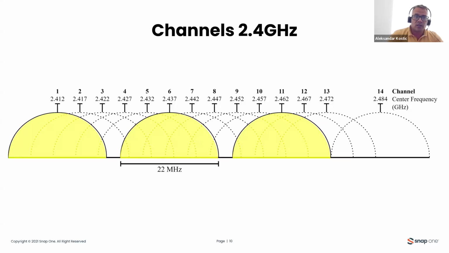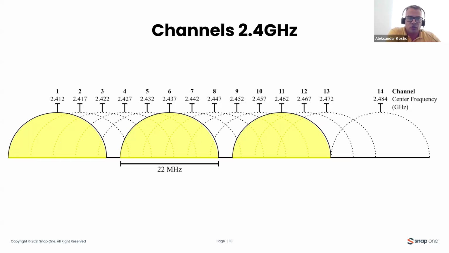Why is it important that channels over which we communicate on the Wi-Fi are non-overlapping? Because if we use neighboring channels which overlap some part of the frequencies, one channel sees the other channel as interference, as noise, and it directly affects the transmission of the data.